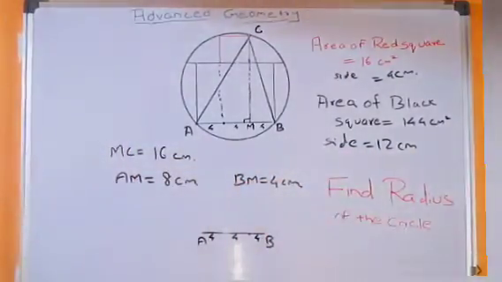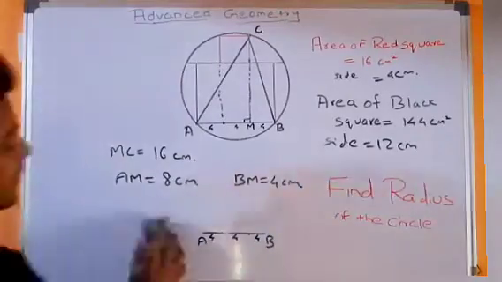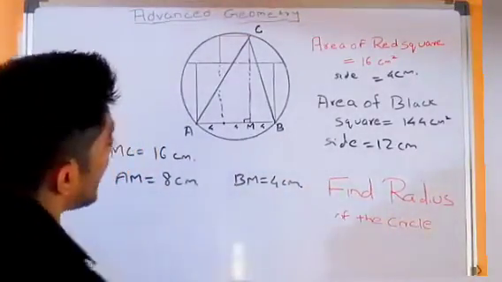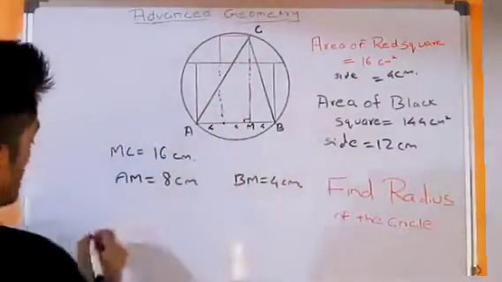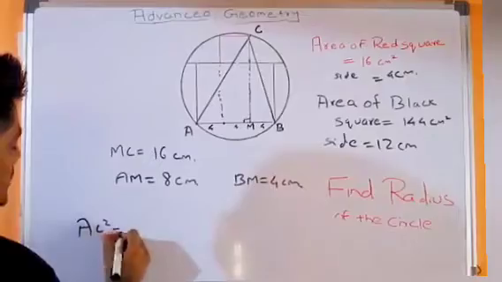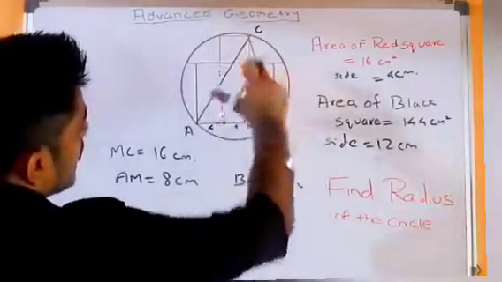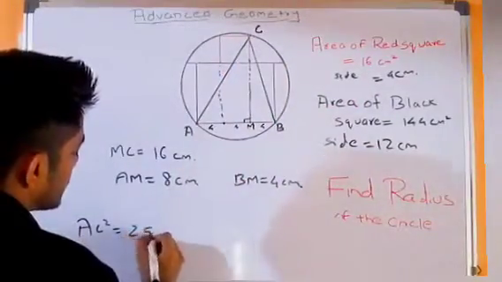Now we just have to find AC and BC. So you will apply Pythagoras theorem. AC square is equal to AM square, which is 8 square, that is 64, plus MC square, which is 16 square, which is 256.